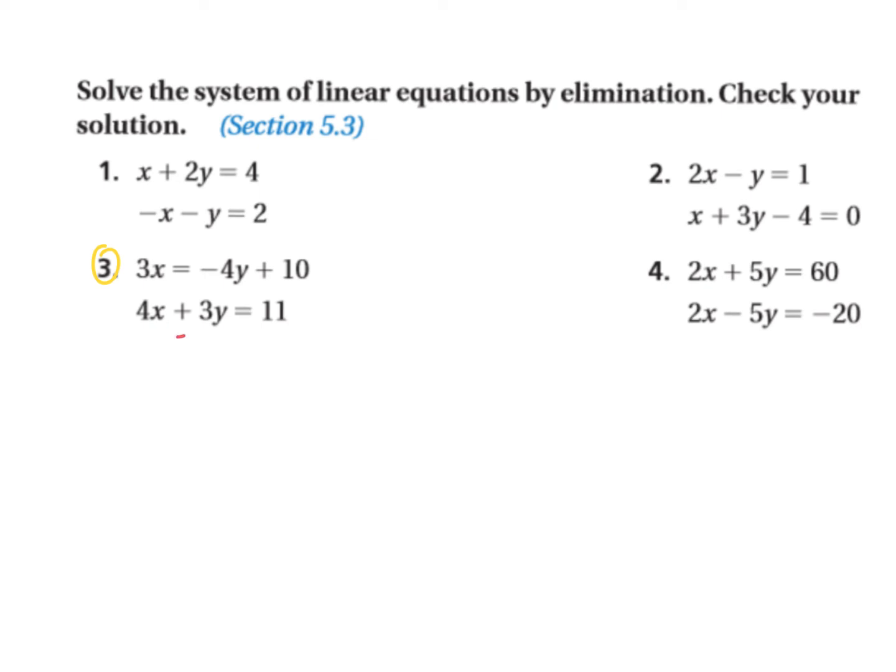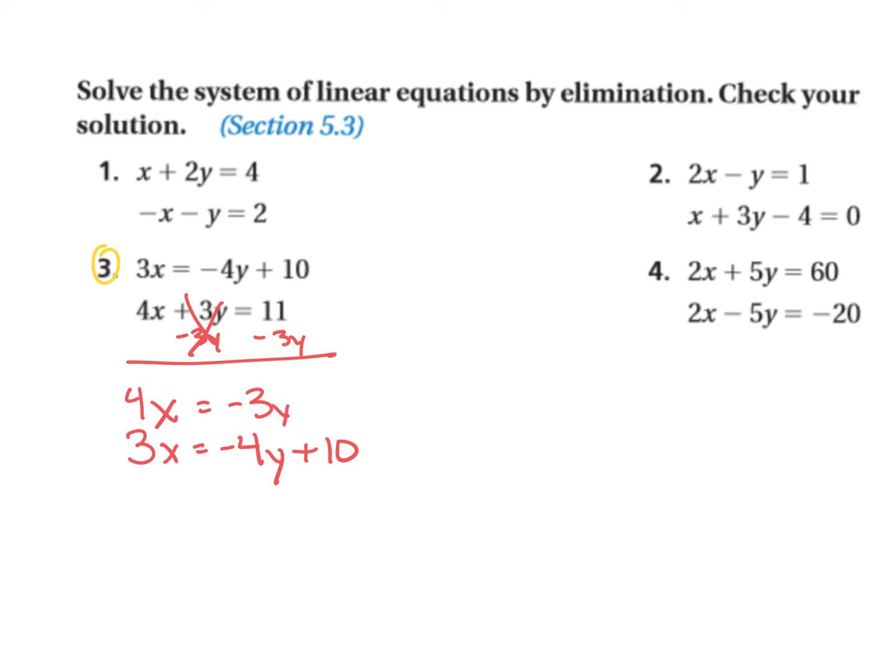I'm going to subtract my 3y here because my first equation, I have 3x equals negative 4y plus 10. And if I subtract 3y, that gives me 4x, these cancel out there, equals a negative 3y plus 11.